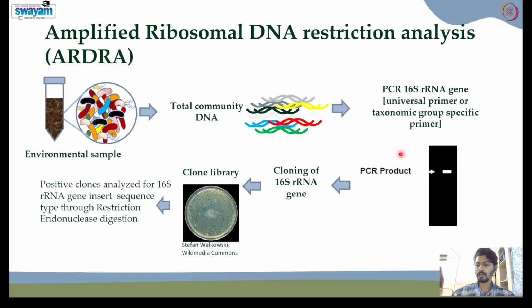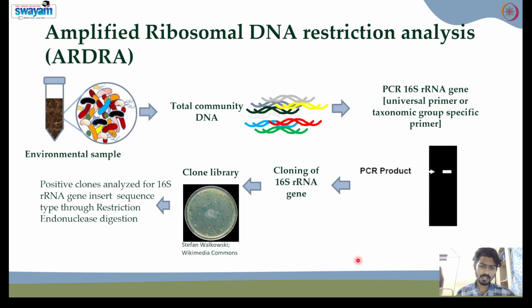For example, group 1, group 2, group 3, group 4, where group 1 can survive in hyperthermophilic conditions, whereas group 2 can survive in mesophilic conditions. So first, scientists segregate the microbes into different types based on the pattern they get after restriction digestion.